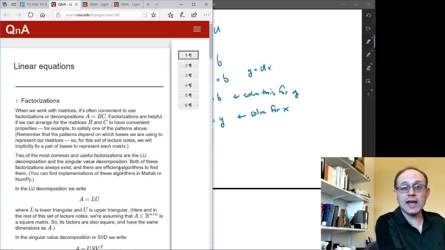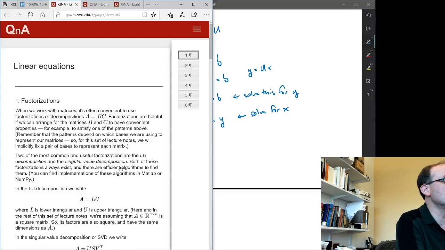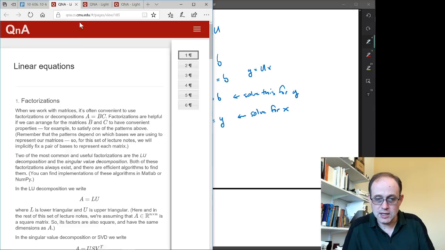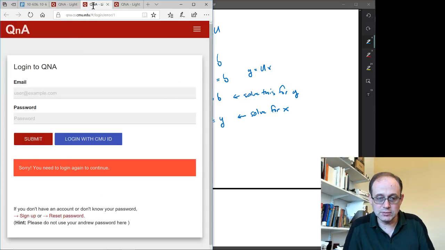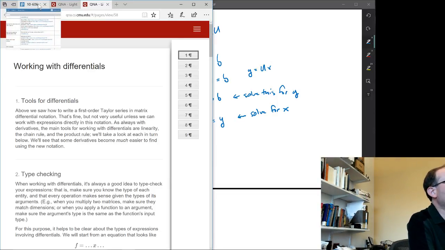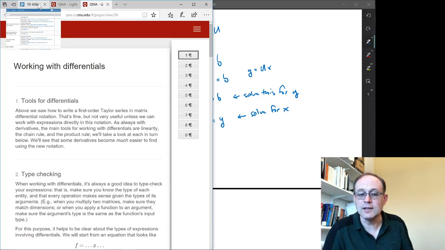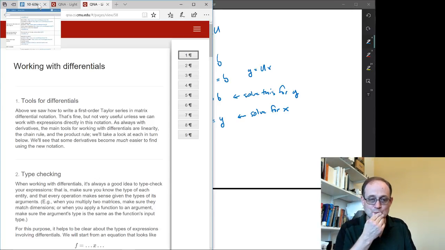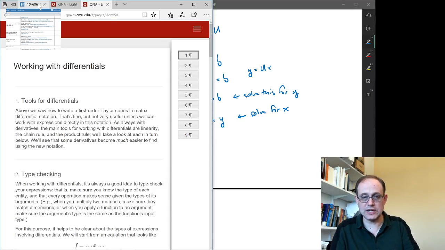If you need a reminder, the next thing on the syllabus is matrix differentials, and the first three sections are a reminder about scalar derivatives. We'll pause for a second and come back after everyone's had a chance to work on the quiz.